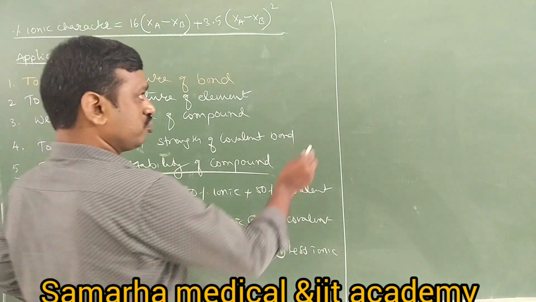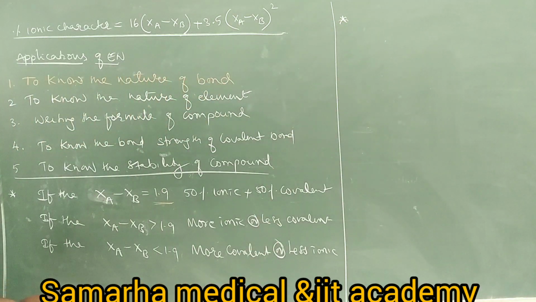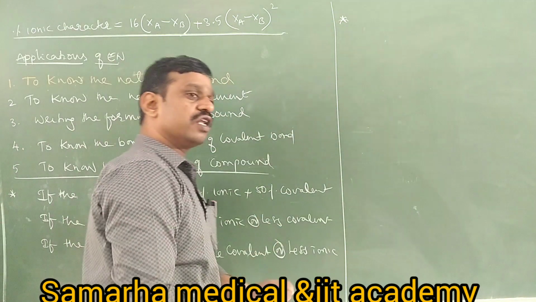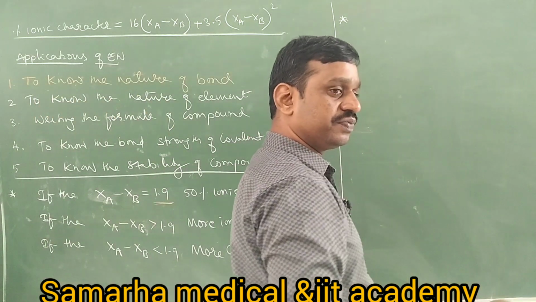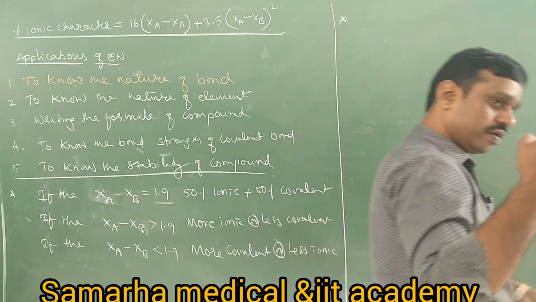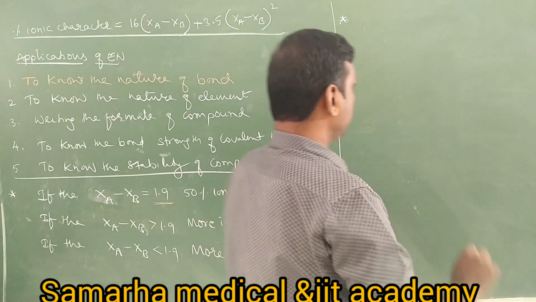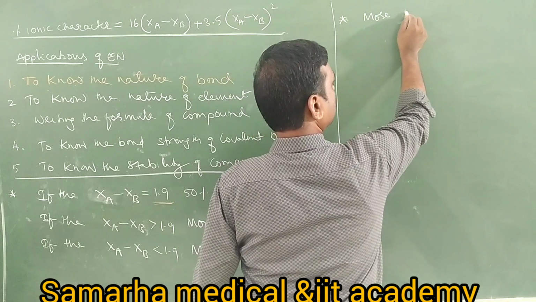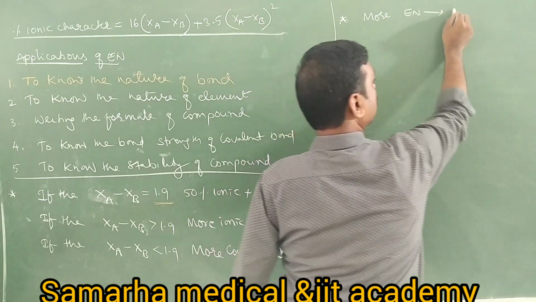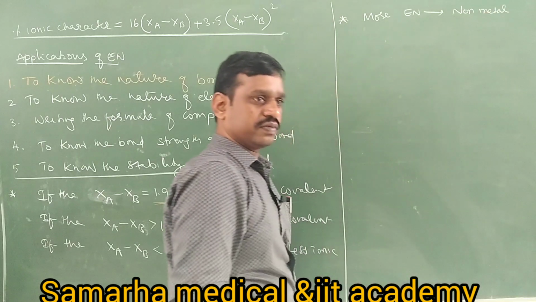Next, the second application: to know the nature of an element. We know that electronegativity is directly proportional to non-metallic nature, and electropositivity is directly proportional to metallic nature. Therefore, if an element has more electronegativity, it should be a non-metal, meaning it has more non-metallic nature.